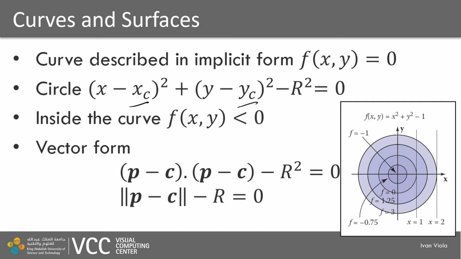This is equivalent, and if we take the square root of this description, we have a representation of the same equation where the magnitude of the vector p minus c, if it is equal to r, means the point p is on the circle.